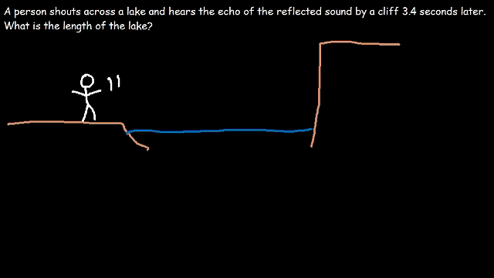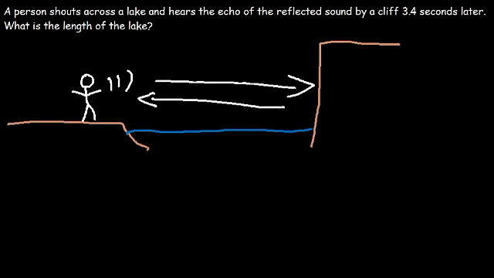So the person shouts. The sound travels across the lake and is reflected by the cliff and goes back to the person. And the person hears the reflected sound wave 3.4 seconds later after the person shouts. Using this information, what is the length of the lake?